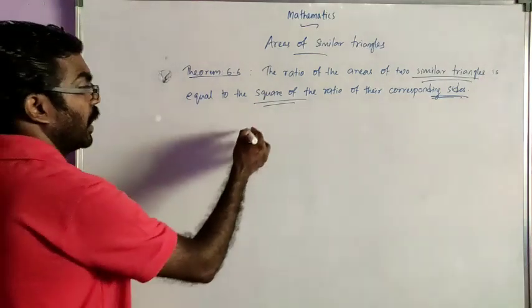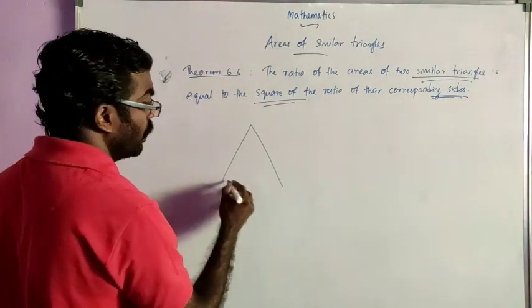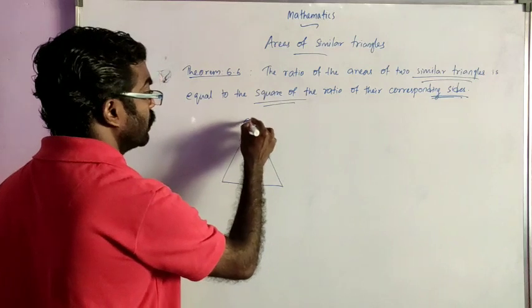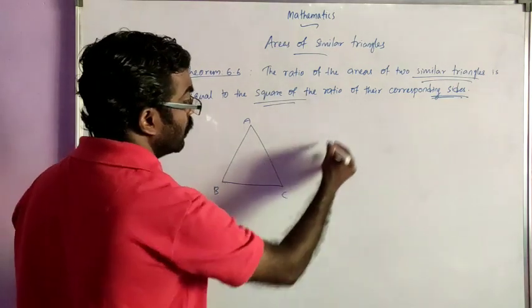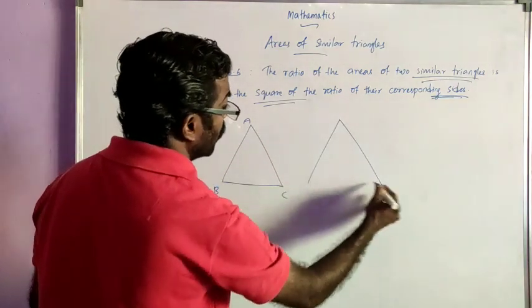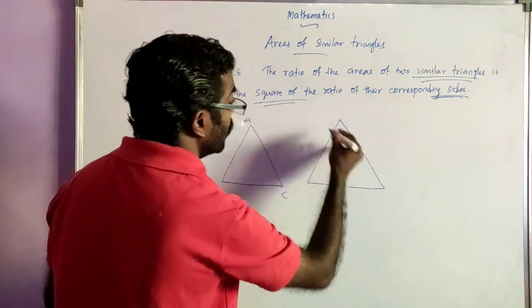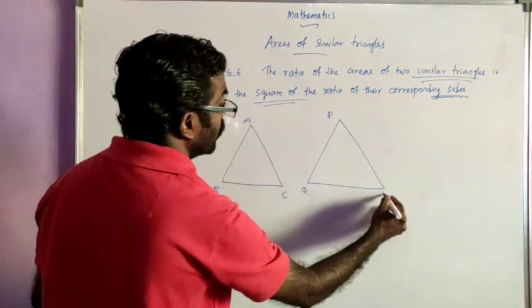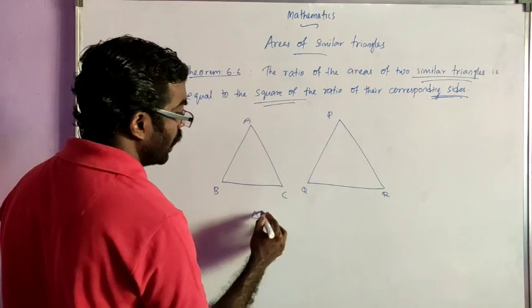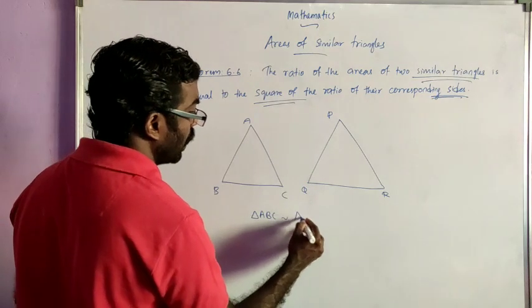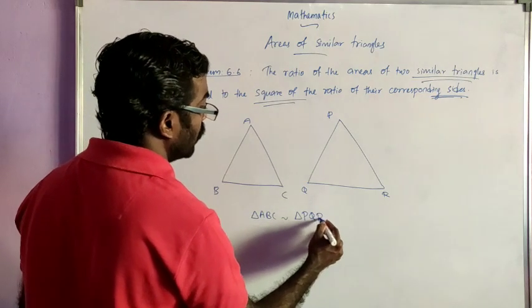So consider two triangles ABC and PQR. These two triangles are similar. So triangle ABC is similar to triangle PQR.